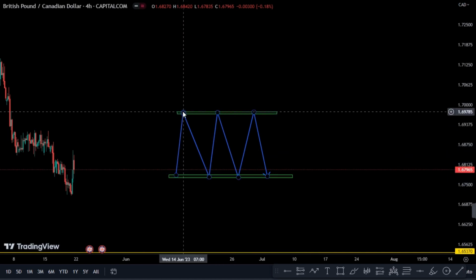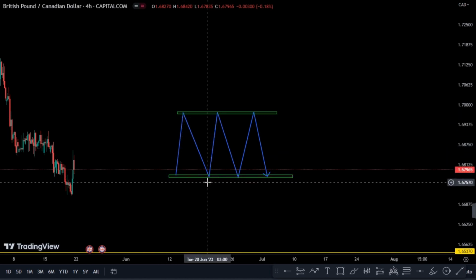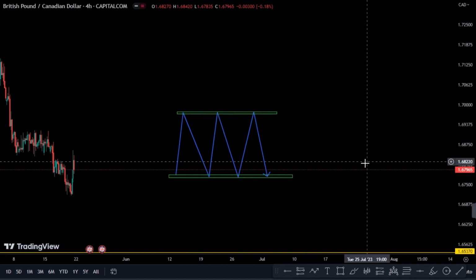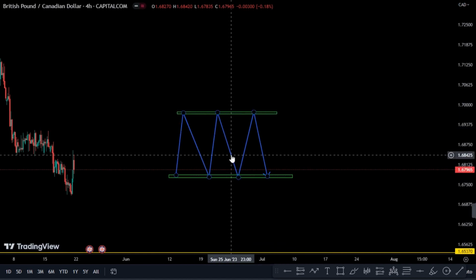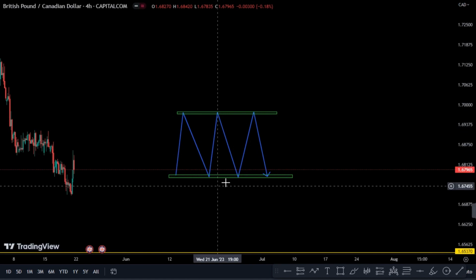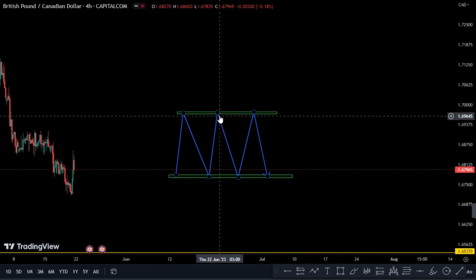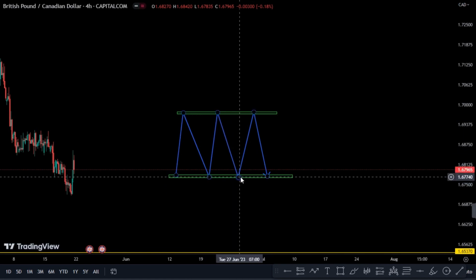So you see a minimum of 2 touches at the top, a minimum of 2 touches at the bottom. Once you have identified the consolidation phase, you will be looking for the market to hit the third reaction to that zone, and this is where you will be looking to capitalize.